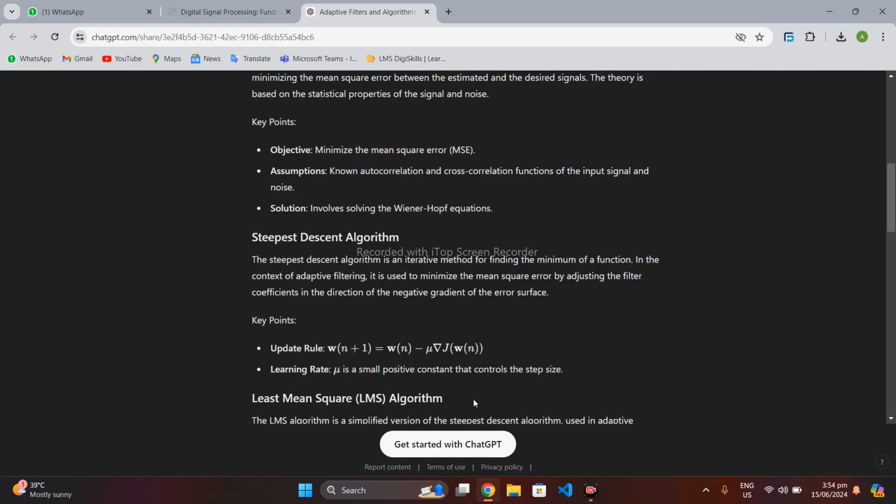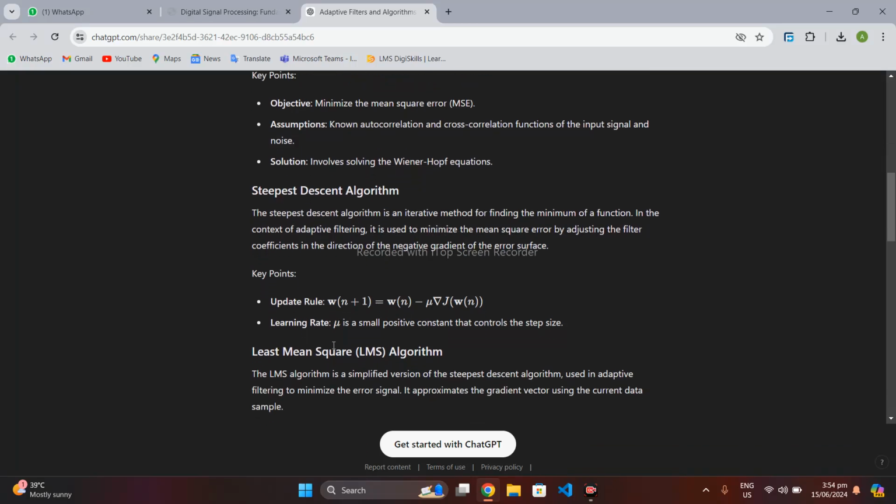In the context of adaptive filtering, it is used to minimize the mean square error by adjusting the filter coefficients in the direction of the negative gradient of the error surface. So here are some key points of the steepest descent algorithm. These formulas are used for the steepest descent algorithm.